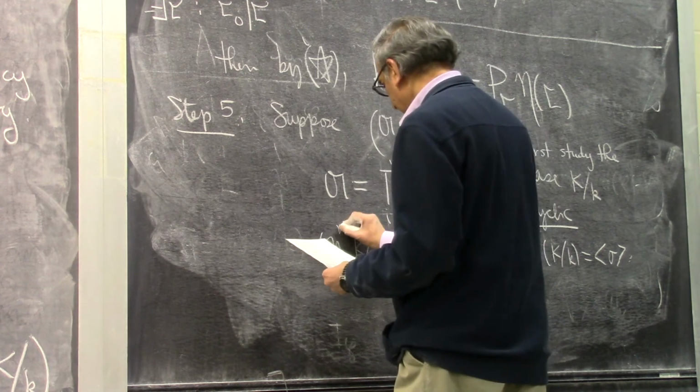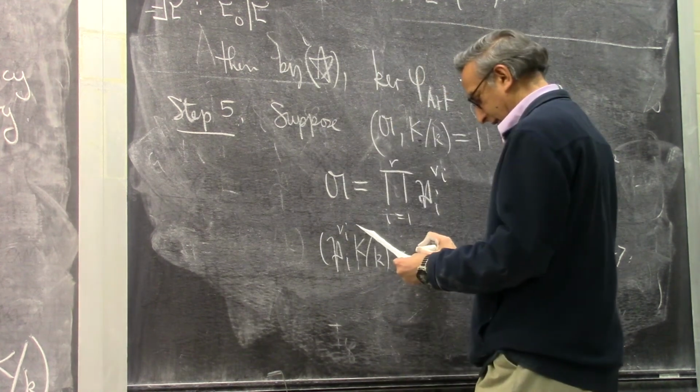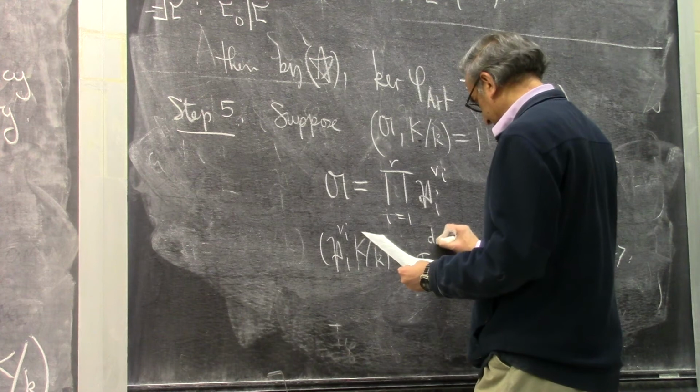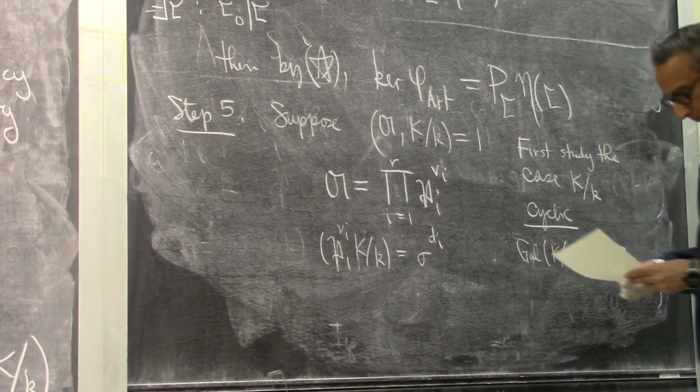So write each of these as sigma to the d_i. So you know it's a power of sigma.